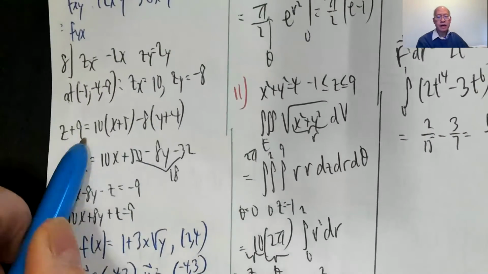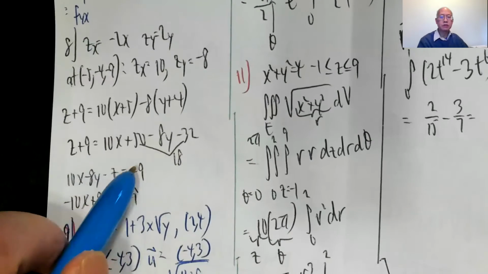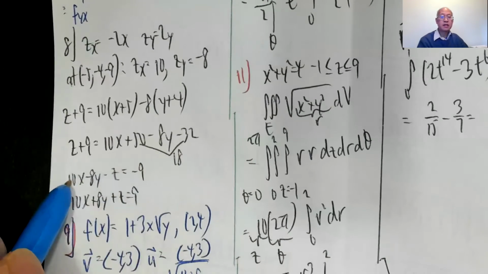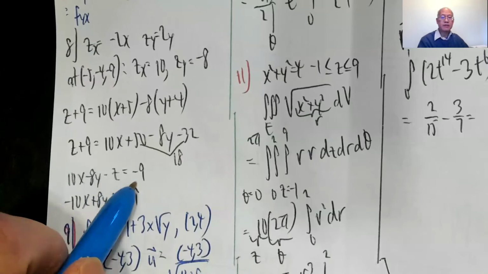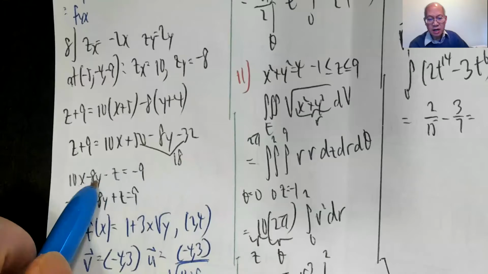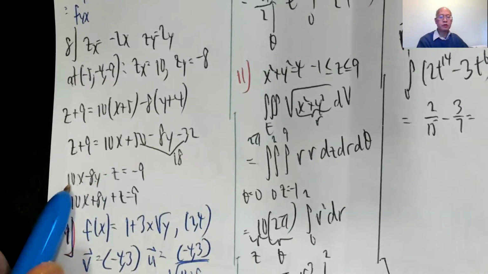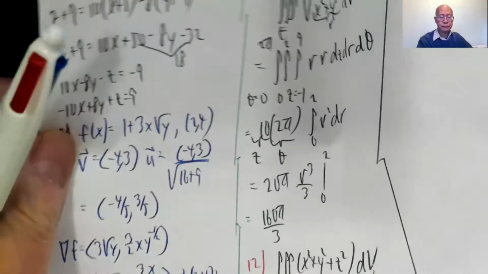Okay, you could have left it like that. But if you want to clean it up, this is 10x plus 15 minus 8y minus 32. And clean it up, 10x minus 8y, move the z over. And this comes out to be negative 9 because this combination is 18 subtracted over. 10x minus 8y minus z is negative 9. Or if we multiply by negative 1, negative 10x plus 8y plus z equals 9.